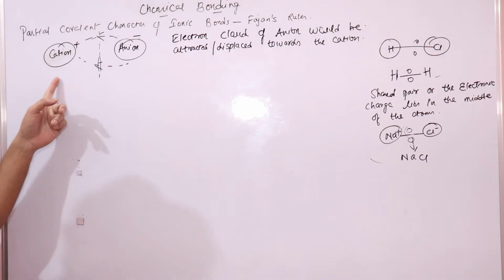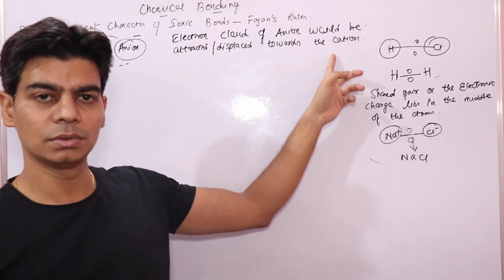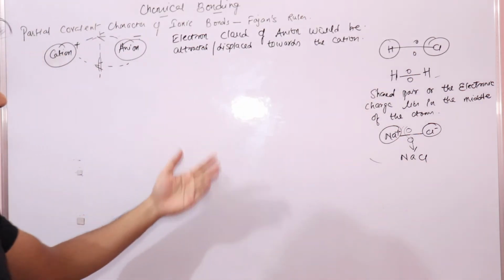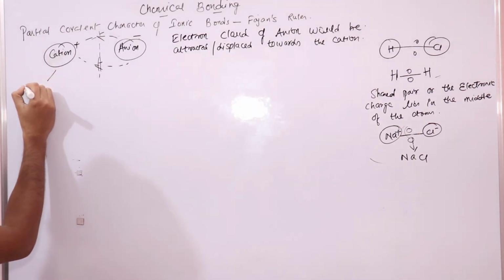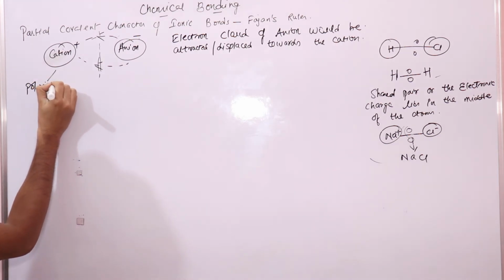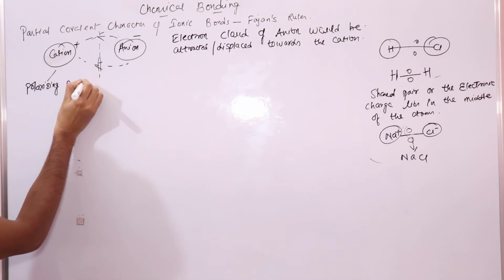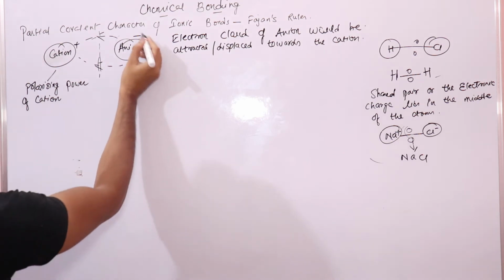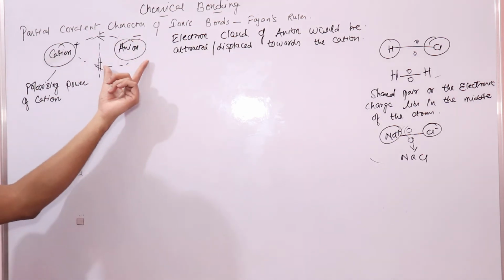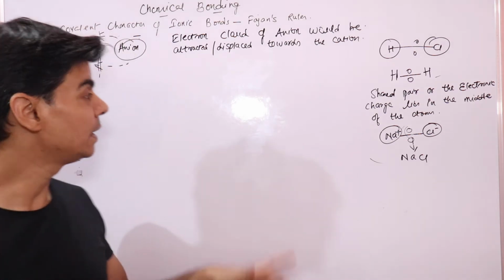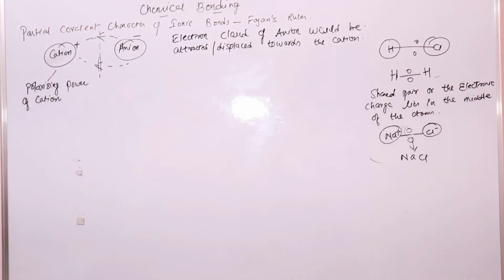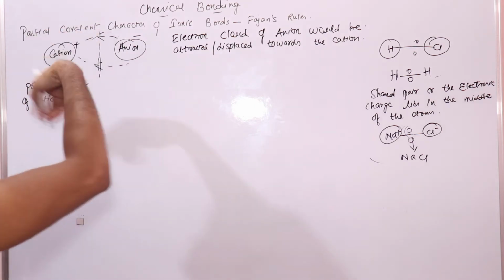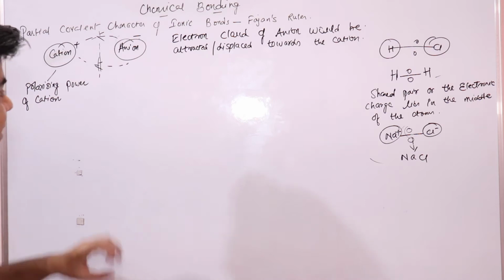This ability of the cation to attract the electron cloud of the anion towards itself is known as the polarizing power of the cation. Since the anion is getting polarized, this entire effect is known as polarization.